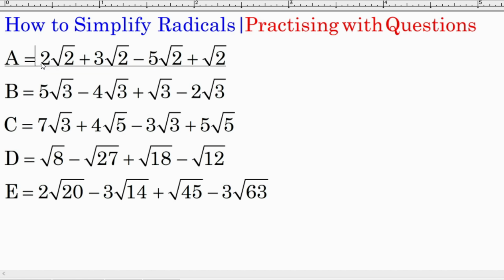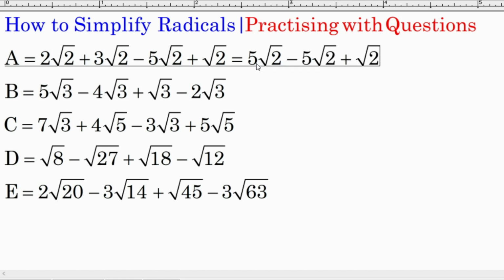Then we have to add the numbers in front of the radicals. Here we have 2 plus 3, which is equal to 5, so let's put 5 square root of 2. Then we subtract 5 square root of 2 and then add square root of 2 here.